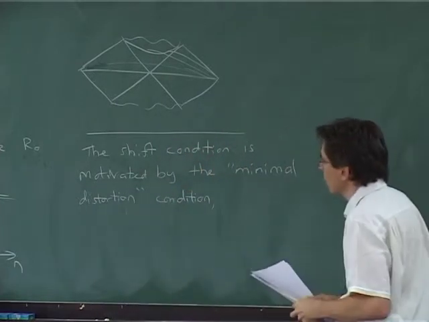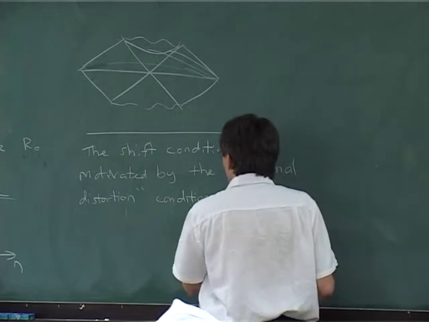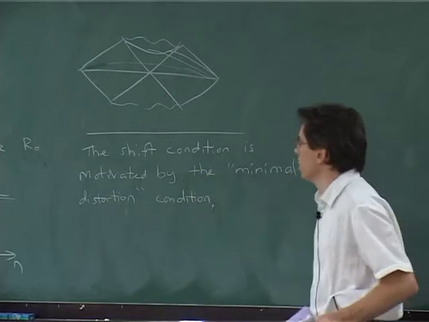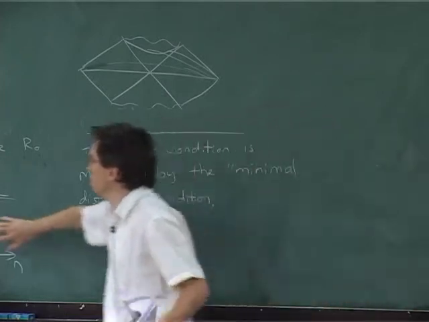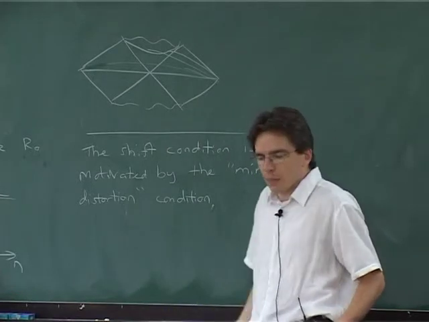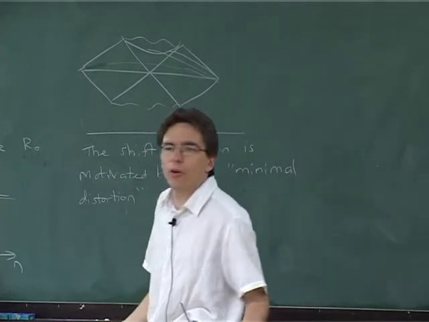The minimal distortion condition, I'm not going to go into any detail about, but that particular condition essentially does what the name suggests. It tries to remove large gradients in your metric components.